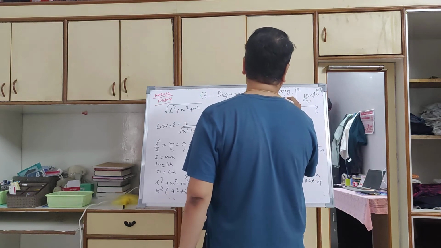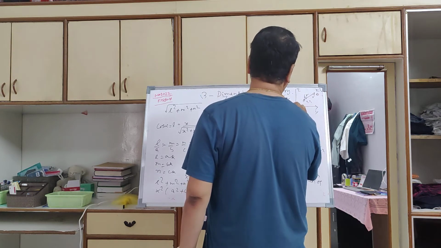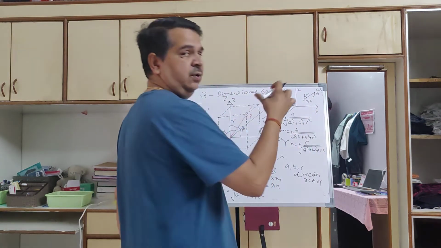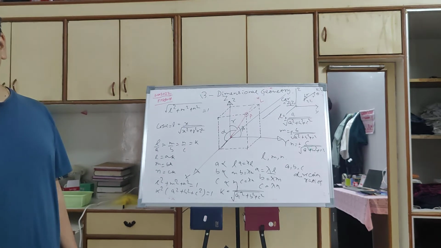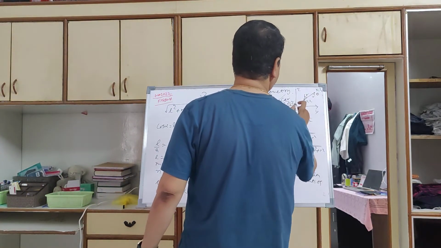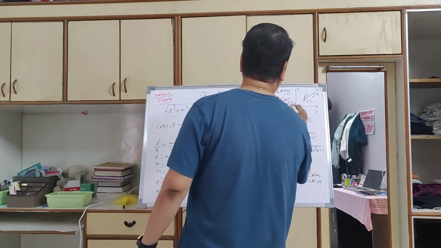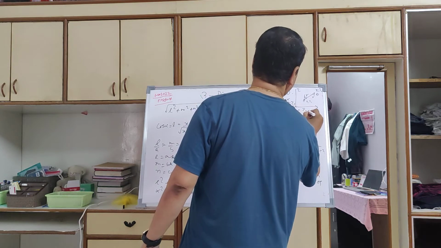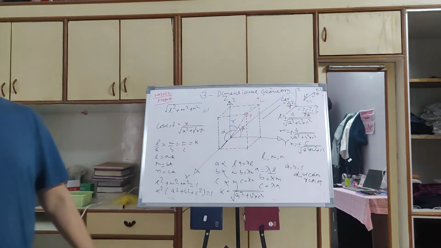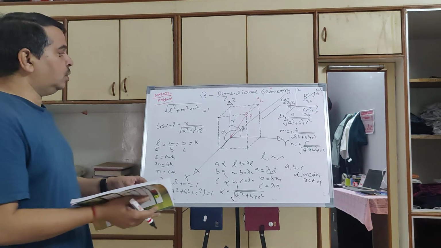So your cos gamma will become equal to z2 minus z1 by the hypotenuse, which is r. This distance, or you can say z2 minus z1 by PQ, which is r. So that is the direction cosine. This is for cos gamma.